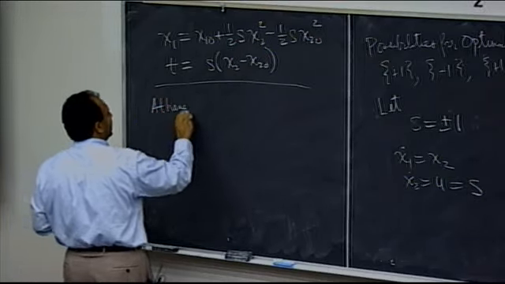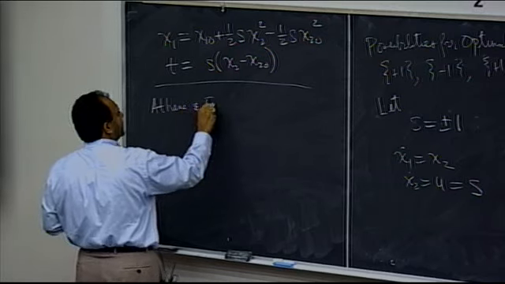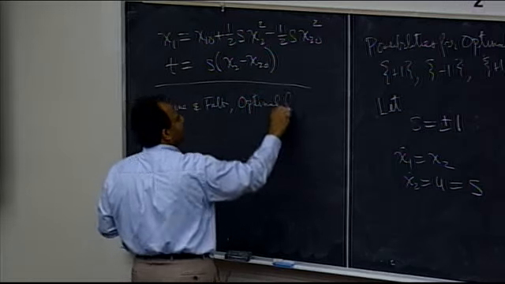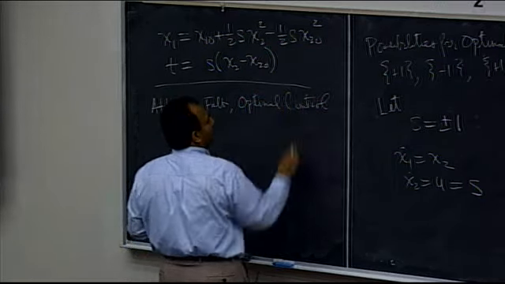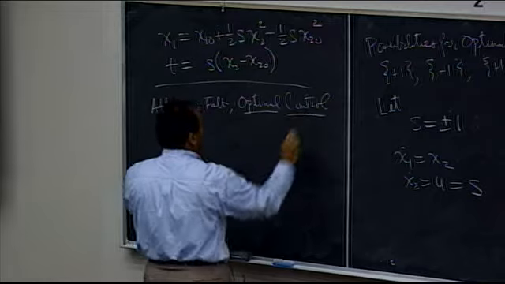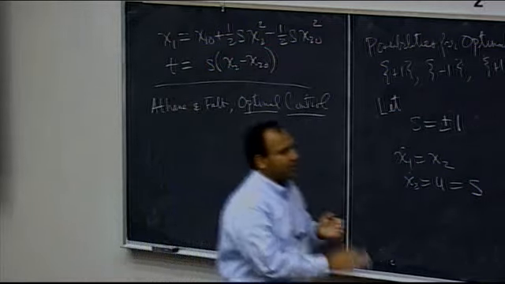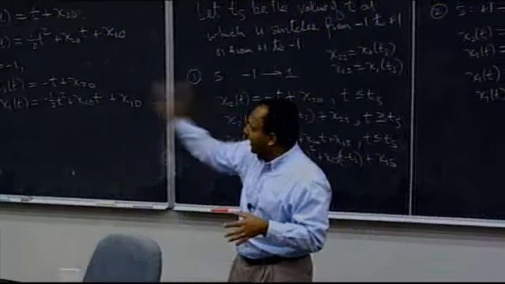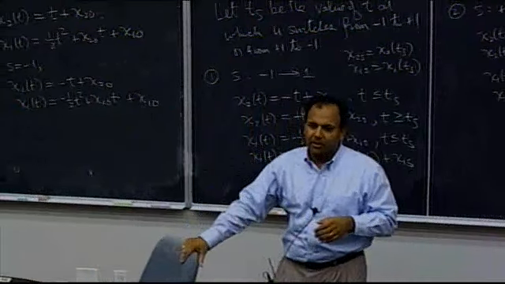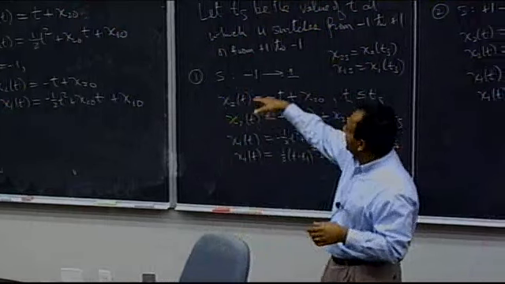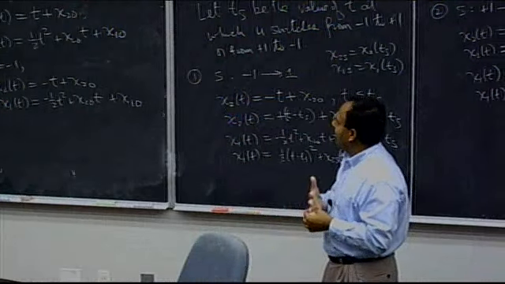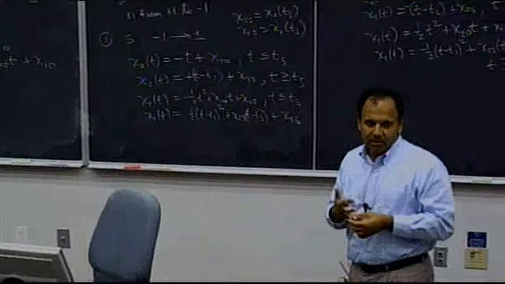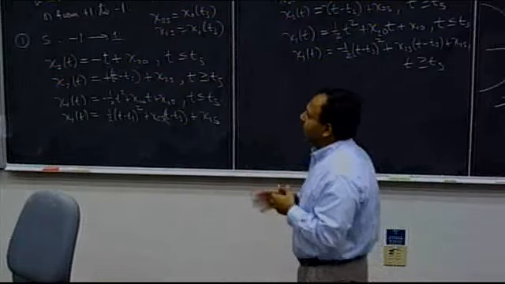It's Athans and Falb, and the book is actually called Optimal Control, and it was originally published by McGraw-Hill in 1966, and now it's published by Dover because they did a reprint of it. It costs like $15 or something like that, but it has a great analysis of this double integrator minimum time problem. And most of the notation and stuff that I've gathered here was taken from Athans and Falb because they just had a nice way of sort of distilling it down into something that was manageable. So I highly recommend you look at that.